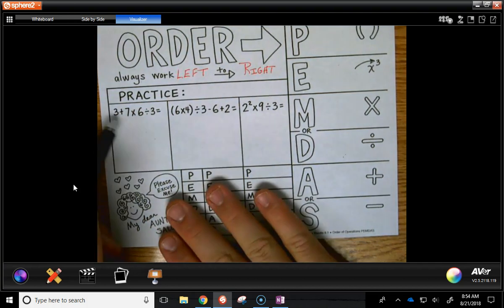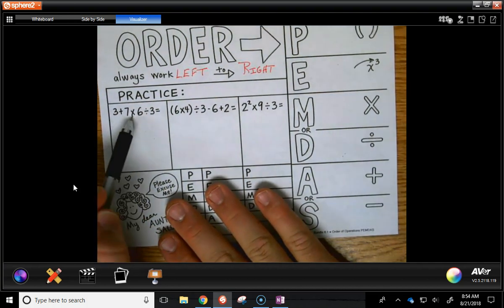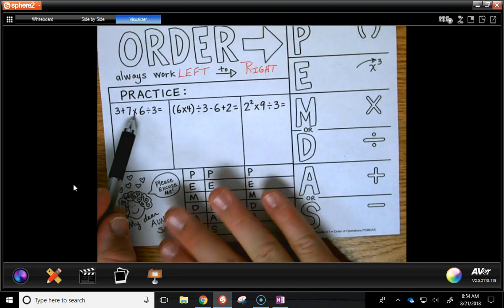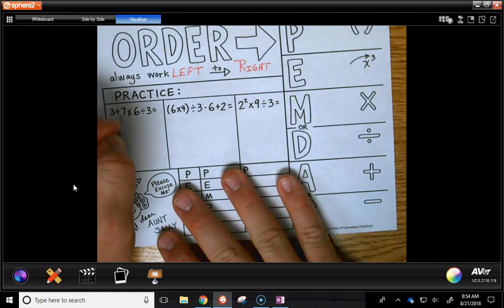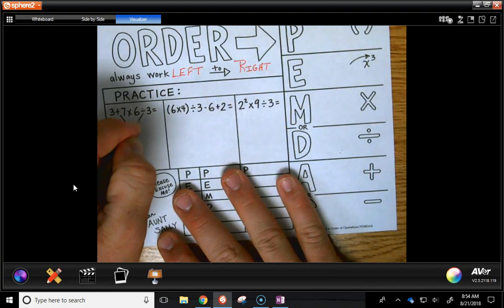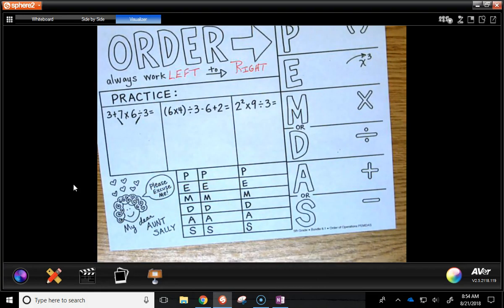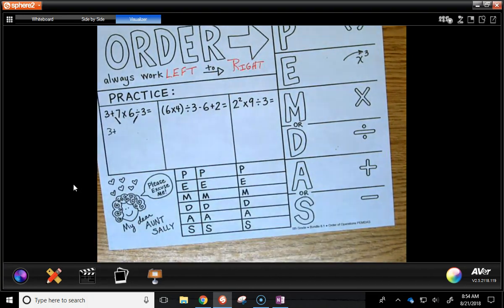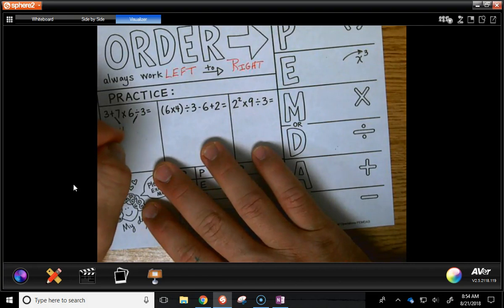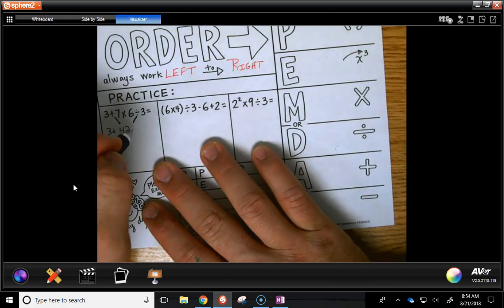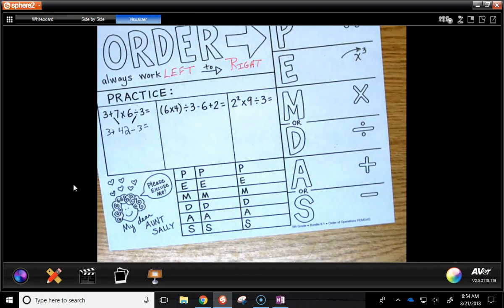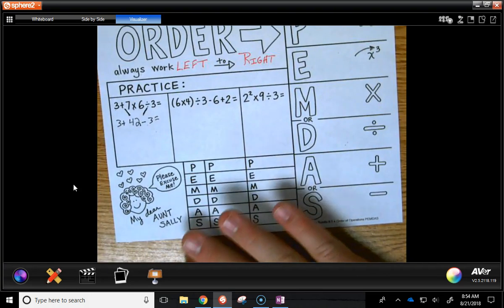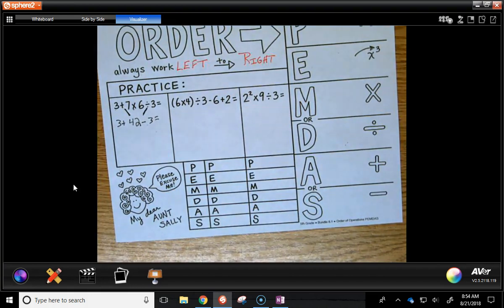So I look, 3 plus 7, no. Going left to right, multiplication happened to come first. So that gets grouped first. So I'm going to rewrite my problem. 3 plus 7 times 6 was 42, divided by 3. I go back through the steps again. I don't have to check the parentheses or exponents because we've already eliminated them.